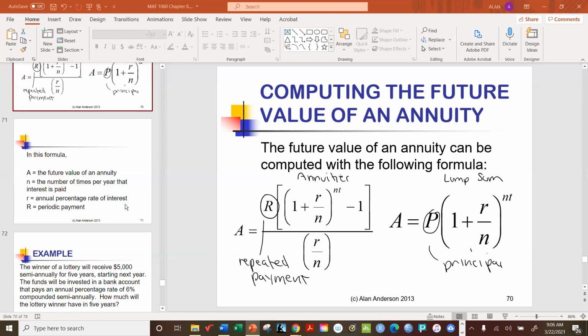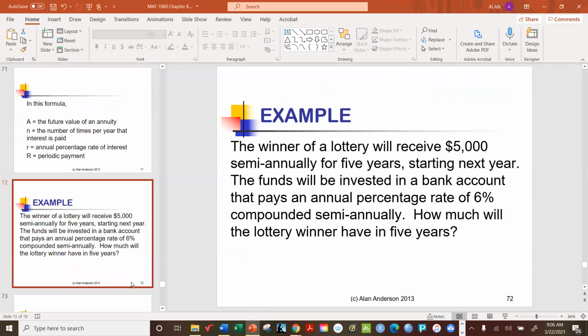Now let's see an example of this. All right, are we ready to dive into one? So this one we'll work on together, and then we'll do some more examples where you get to do some practicing. Like here, for example, the winner of a lottery will receive $5,000 semi-annually for 5 years, starting next year.